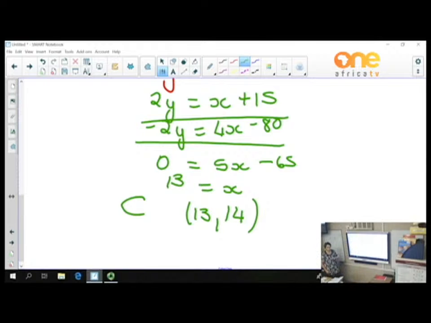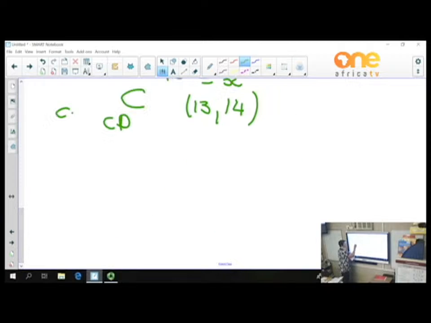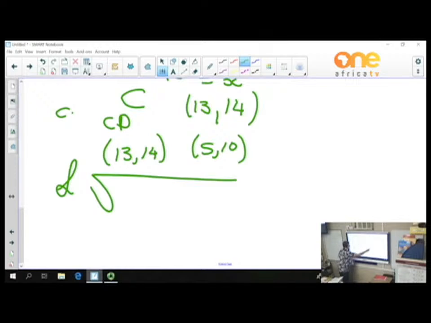And then the last one is the length of CD. Whenever you want to get the length, you need those two sets of coordinates. So it's 13, 14, as well as D, which is 5, 10. And the length is Pythagoras.